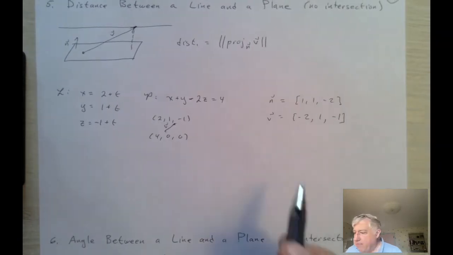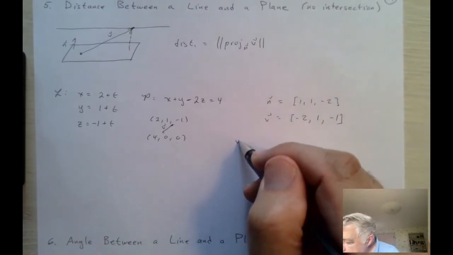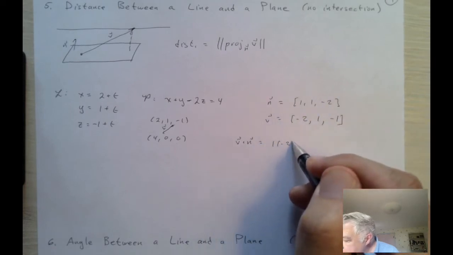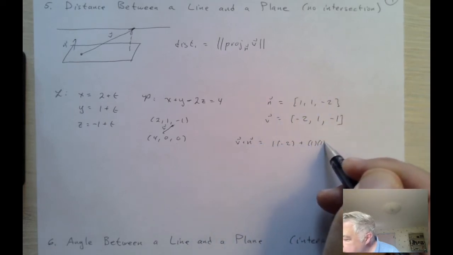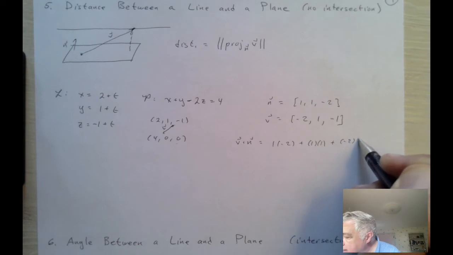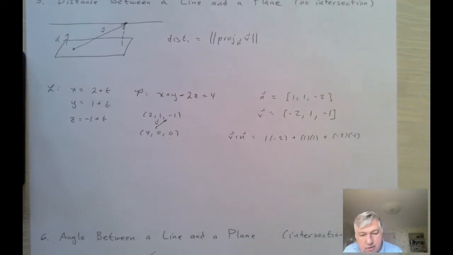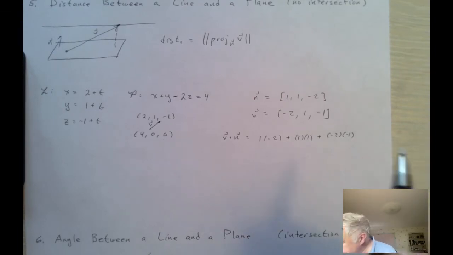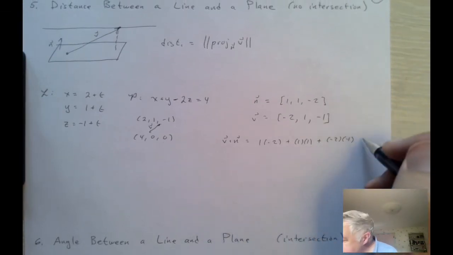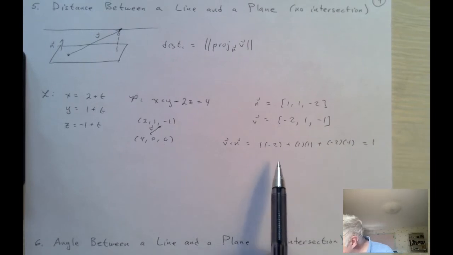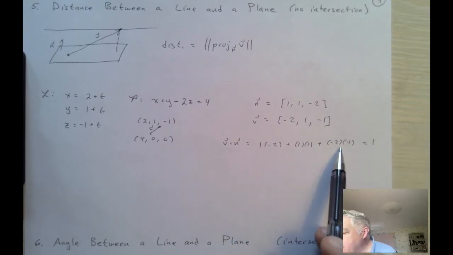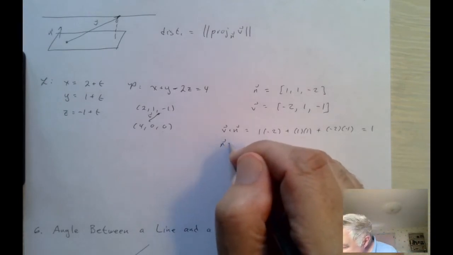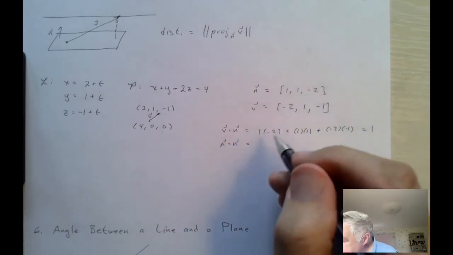All right, so we want to find the projection. So v dot n is going to be 1 times negative 2 plus 1 times 1 plus negative 2 times negative 1, which should be 1, right? Negative 2 plus 1 plus 2. That's 1. And then n dot n, we should know by now, is 6.